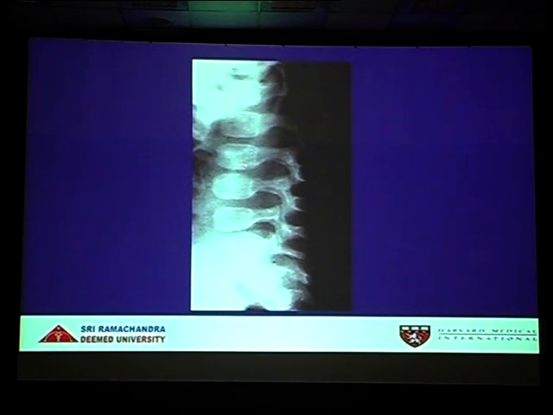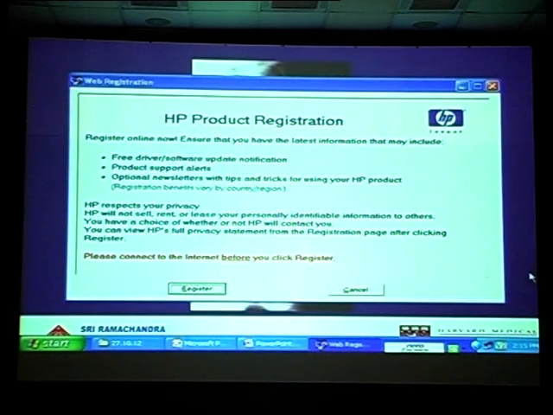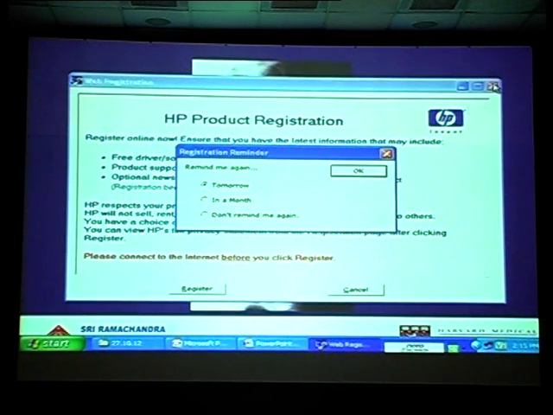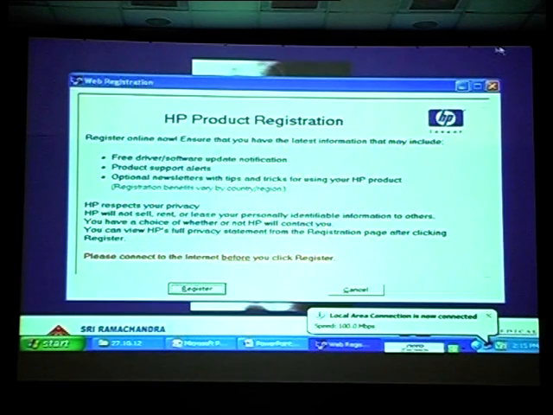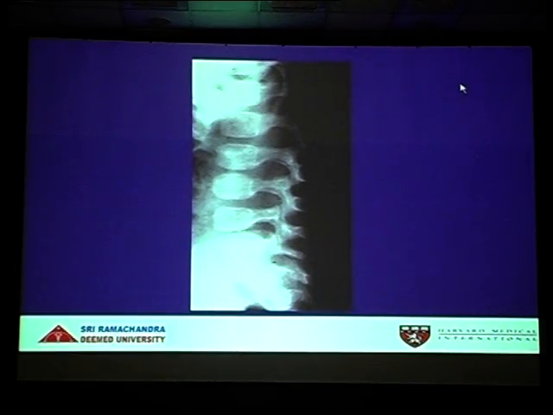And when you see here, there is some sclerotic area seen here, right? What next investigation you'll do? Any investigation you wanted to do for this patient?